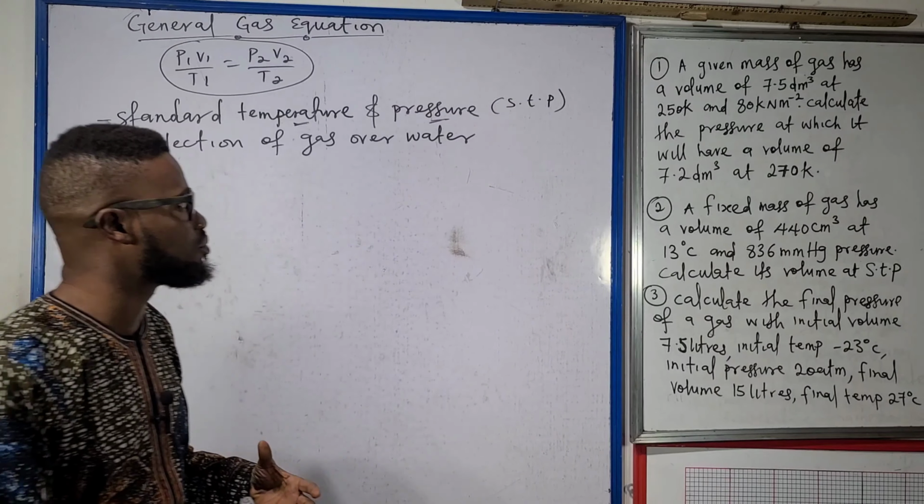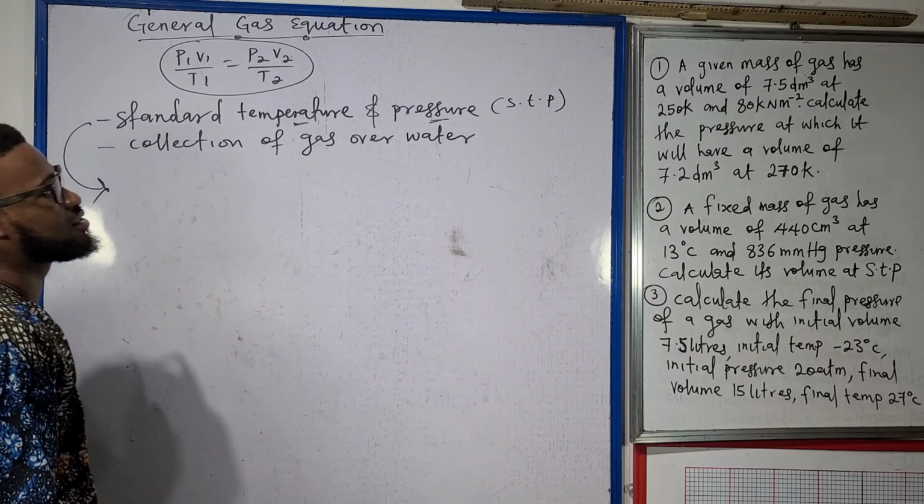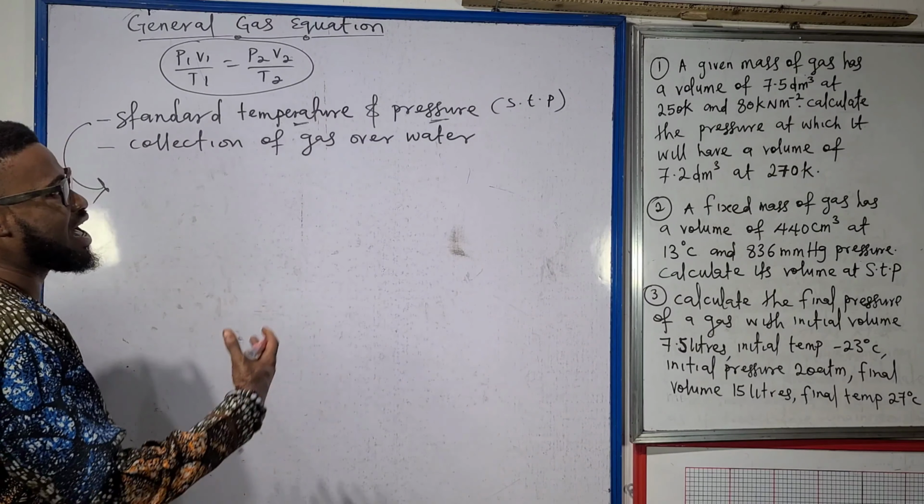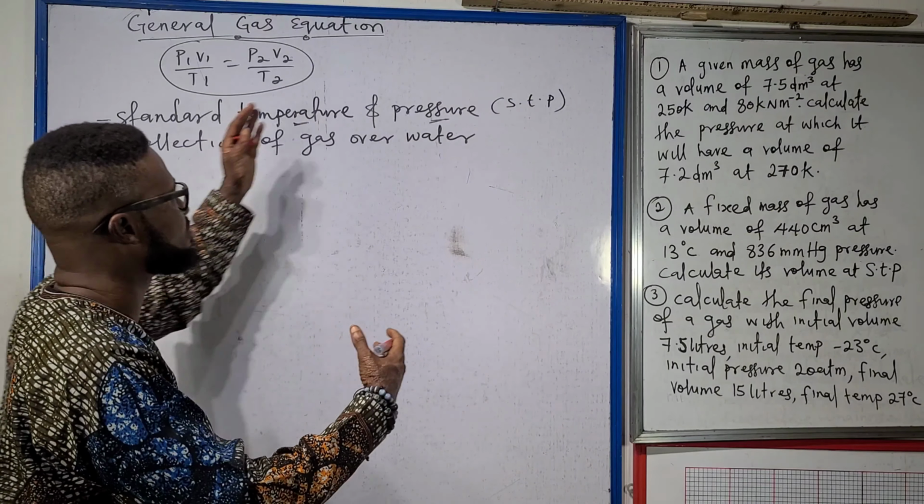So to eliminate sources of errors, and for uniformity in the field of science, it has been agreed internationally that experiments be carried out at a certain standard temperature and at a certain standard pressure.